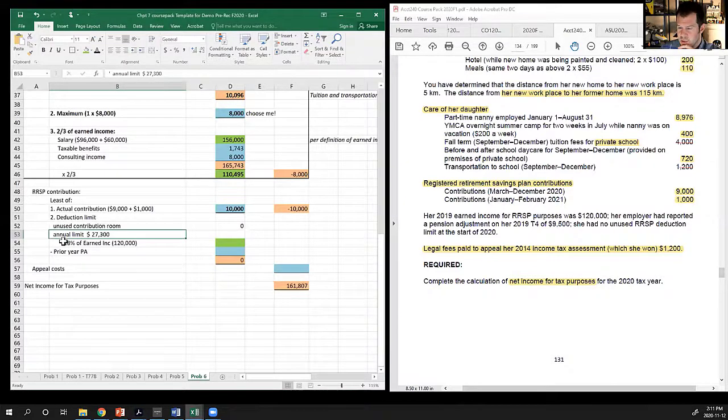The annual limit, okay, I'm going to say plus the lesser of 1, annual limit, and 2, 18% of earned income from the prior year. And so this more accurately would say PY. PY equals prior year. I'll write that here.